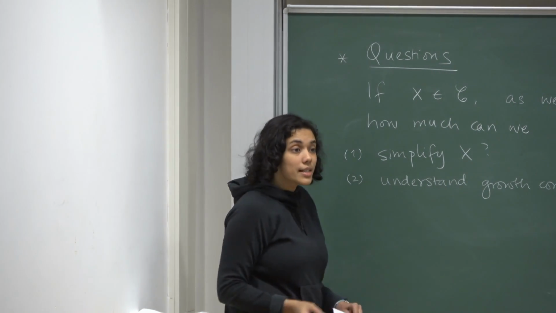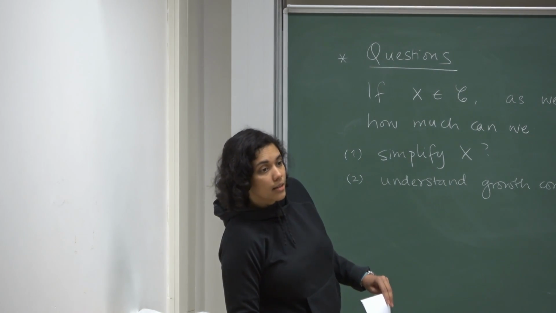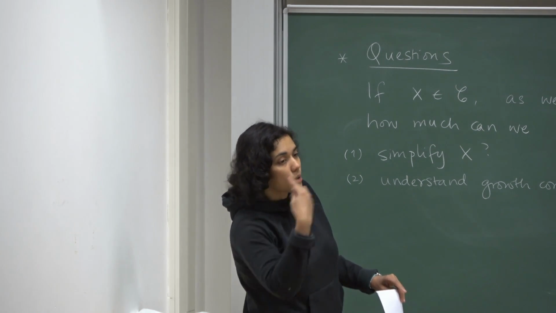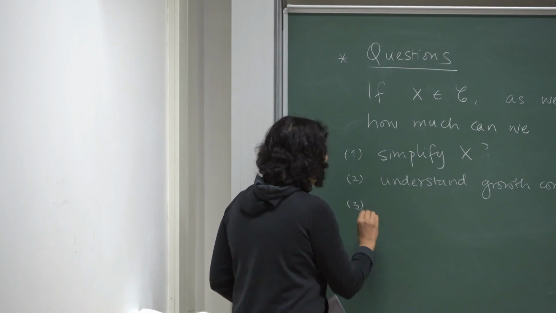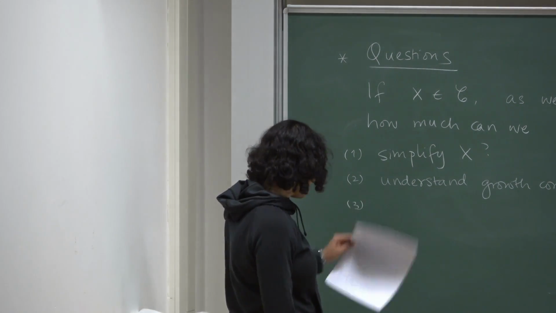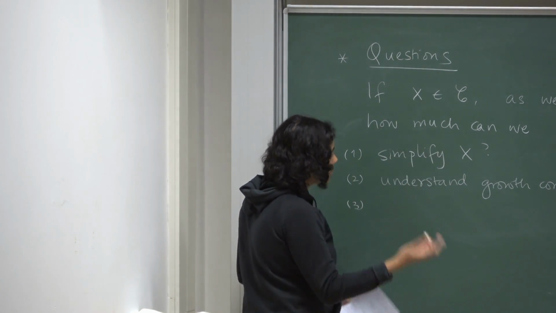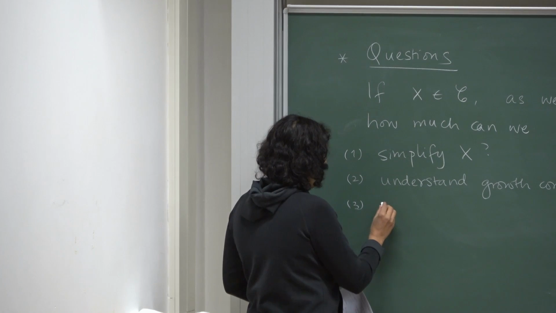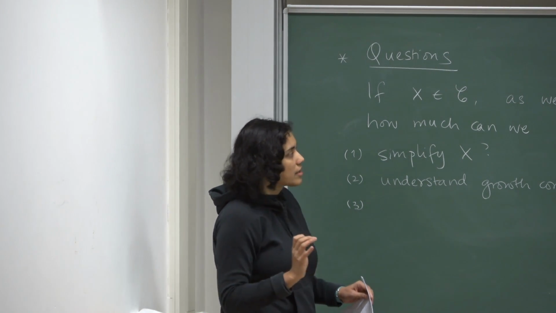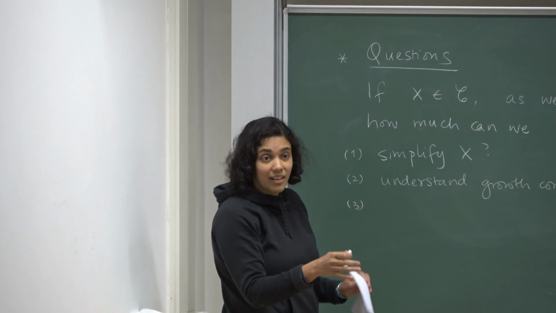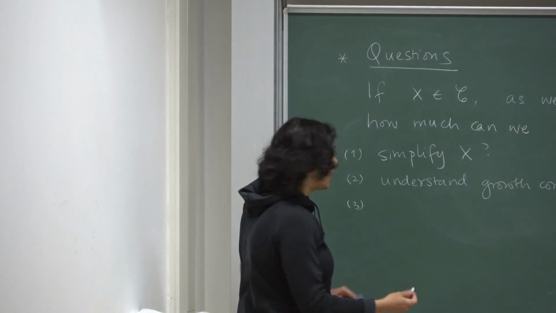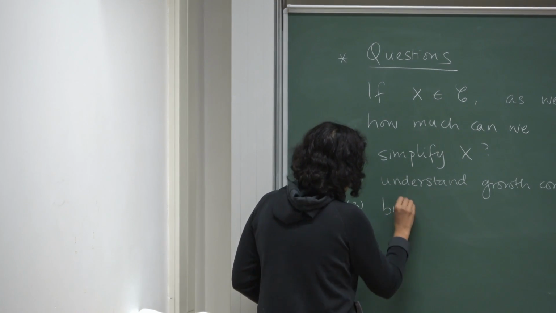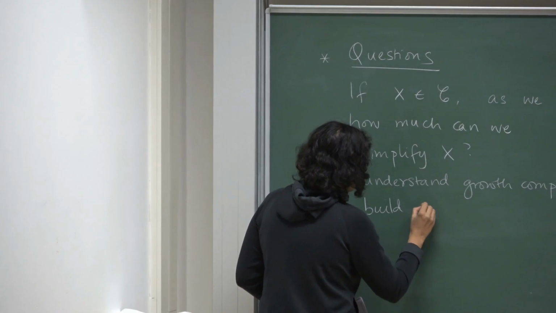Can I ask, what is an action on a category? It's acting through auto-equivalences on the category. I'll say a little bit more in a minute. And finally, these are just some questions that you might ask. If we want to build a specific chosen object of C, can we build it from a given object x of C by applying group elements?